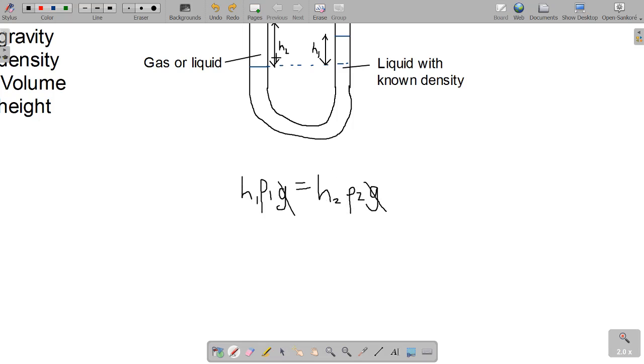So you know H2, so you can calculate the density here, rho 2.